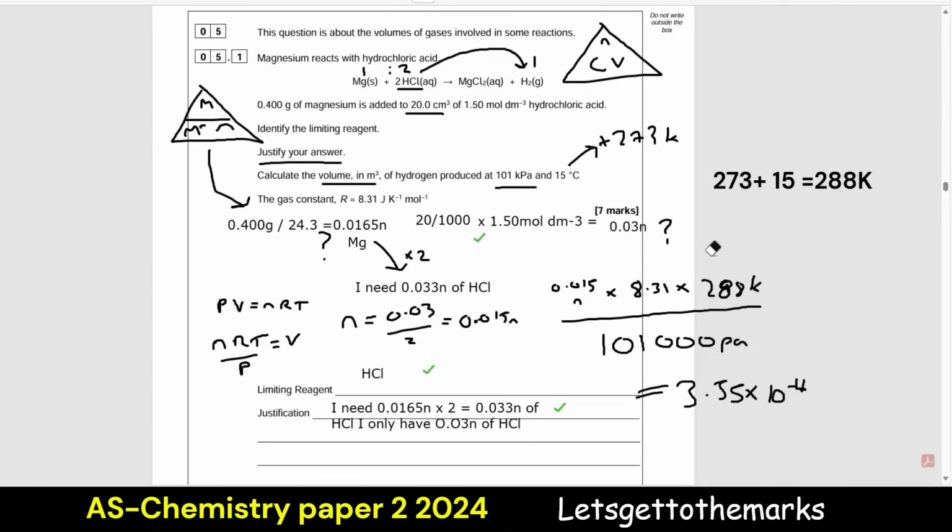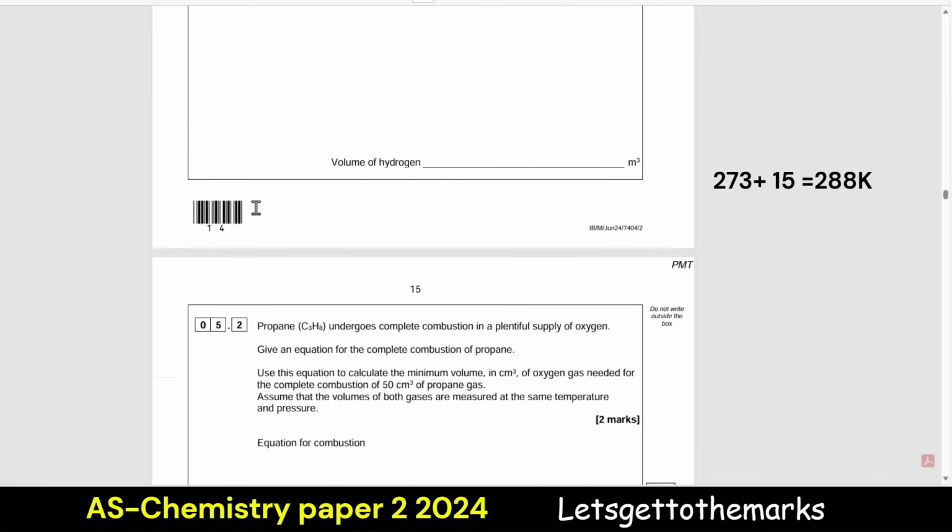Trying to do it in my head, peeps. That's no good, is it? 15 plus 273. So the answer is 0.015 times 8.31 times 288 K divided by 101,000 pascals equals 3.55 times 10 to the minus 4. Right, let's move on.